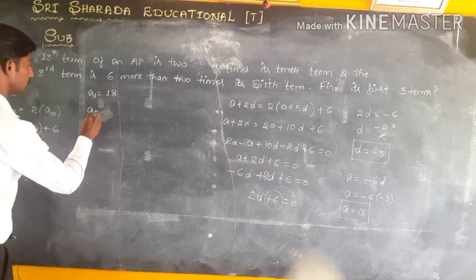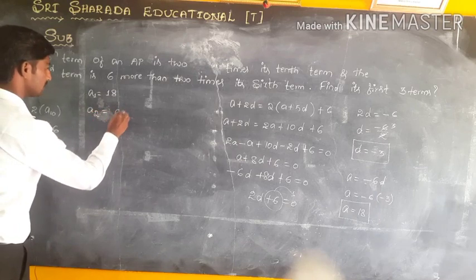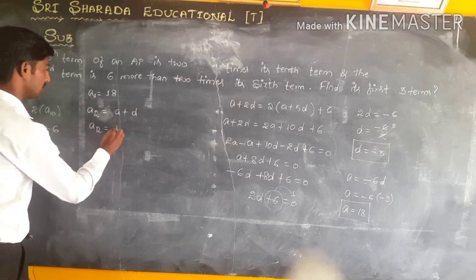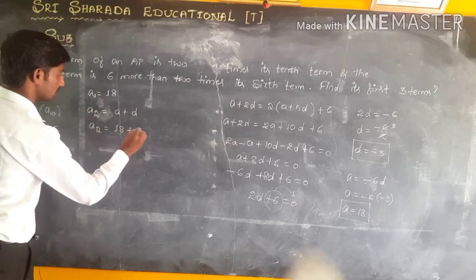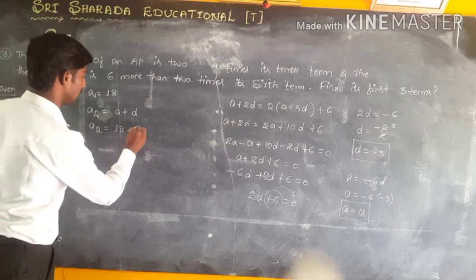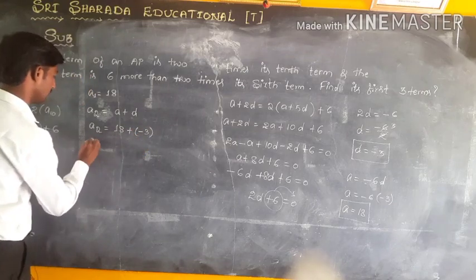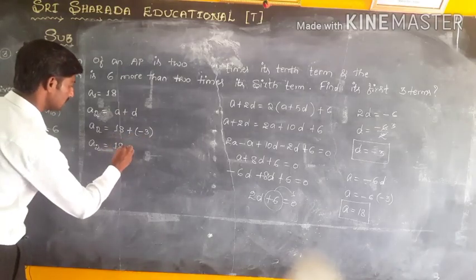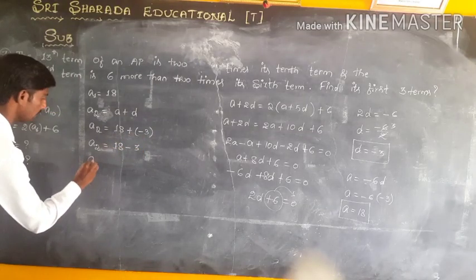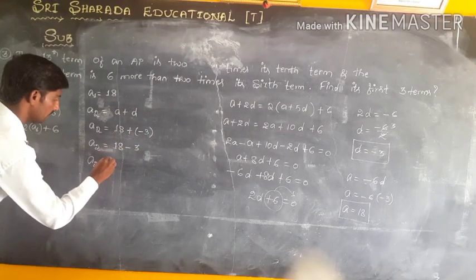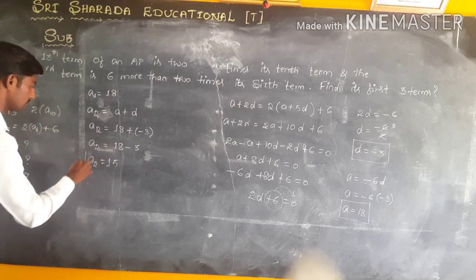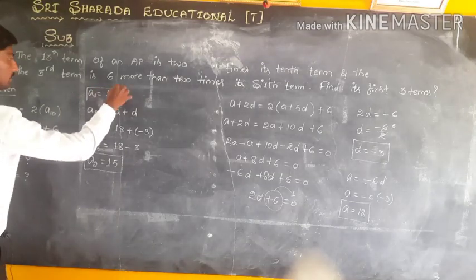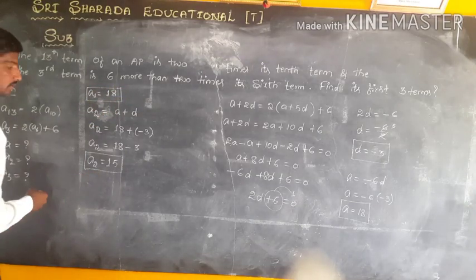Next A2, how to get A2? It is A plus D. Then A2 is equal to the A value, 18, plus the common difference, minus 3. A2 is equal to 18 plus into minus, it is minus 3, A2 is equal to 15. A1 is 18, A2 is 15.